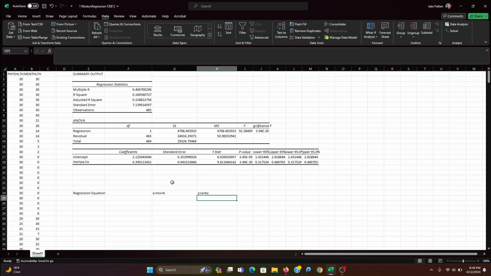It is literally the same thing. You're just moving one thing to the other side, and calling m b, and you're calling b a. That's it. That's all there is. Do you remember what y equals mx plus b was called back in school?